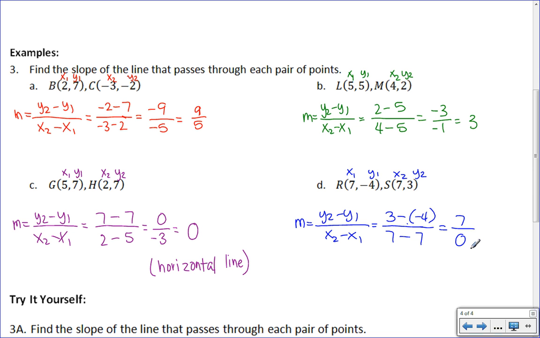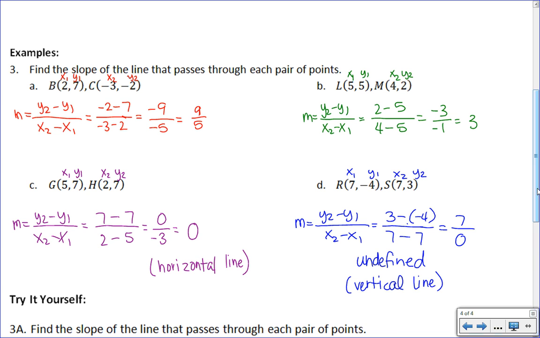The calculator will not be happy with you. Calculator doesn't know what to do with this. Division by 0 is undefined. It makes no sense in math. So when you get something like this, the slope is undefined. And we already know why that slope is undefined. That's because these 2 points represent a vertical line. So the slope is undefined.